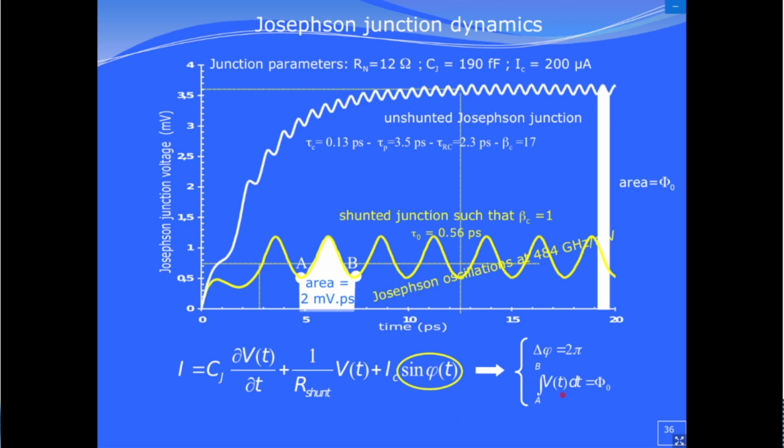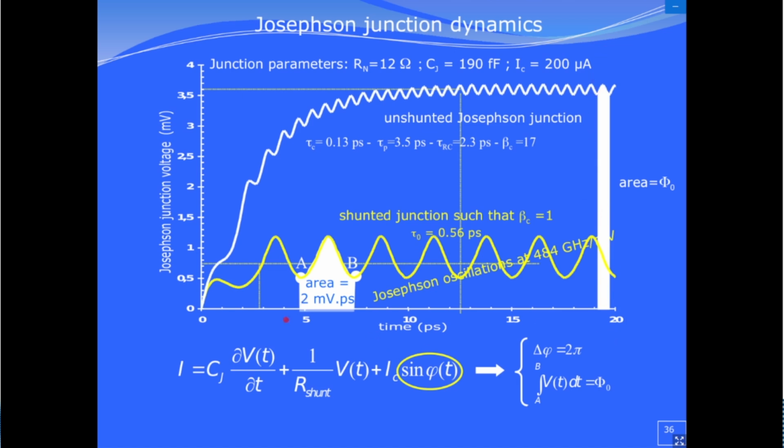So it's a product of a voltage by a time, right? And in this case, you have your flux moving. It is changing, and this is the area under this curve. So you have one flux passing here, and here as well, in fact, you have also one flux, right?